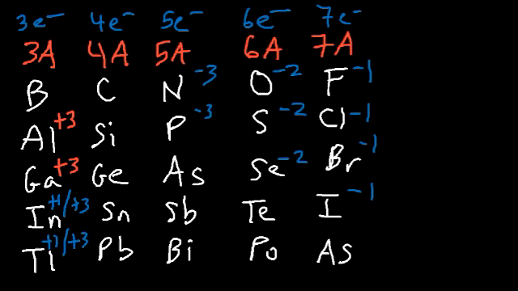Because fluorine really wants to have electrons, it is electronegative. Electronegativity increases towards fluorine. So as you go up and as you go to the right, electronegativity increases. What this means is that fluorine has a very strong desire for electrons.